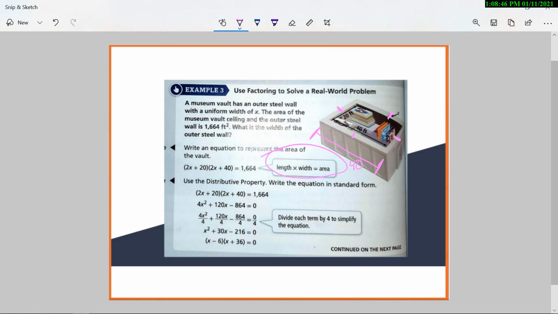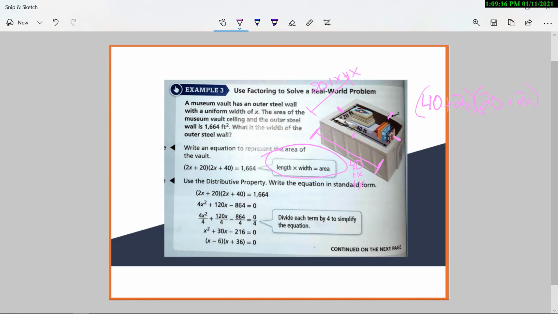But we need to add on these two x's because we have that extra length now. So 40 plus 2x. Similarly with the other dimension, it's 20, but then we have two x's to add on. So 20 plus 2x.